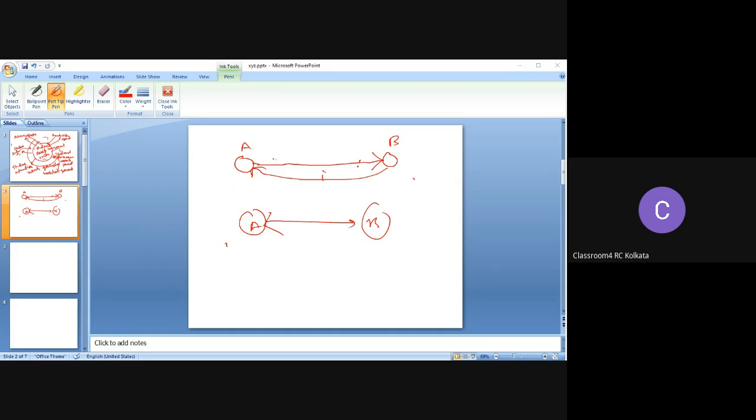Physical layer, data link layer, network layer, transport layer, session layer, presentation layer, and application layer.